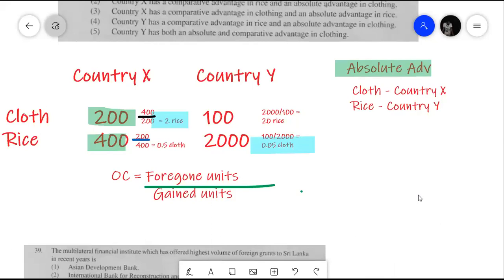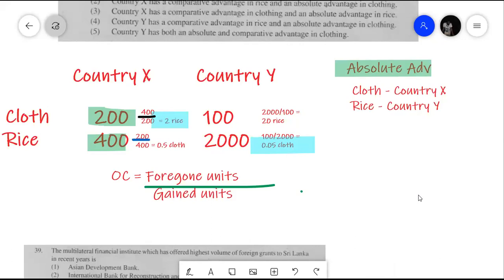If one country has the comparative advantage for one good, for sure the other country will have the comparative advantage for the other good. There can be situations where no country has the comparative advantage, where both countries have the same opportunity cost. That can be one situation, but the usual context is that if one country has the comparative advantage for one good, definitely the other country will have the comparative advantage for the other good, right?